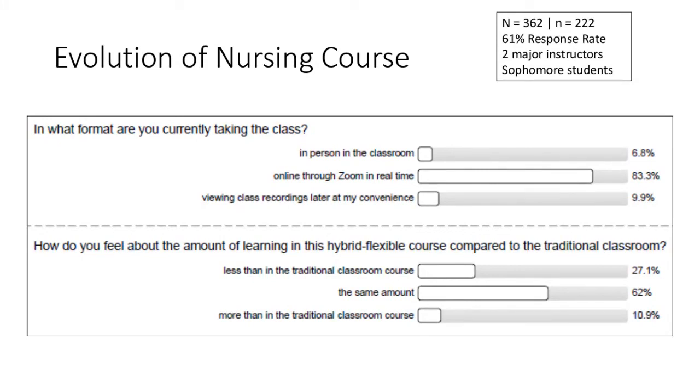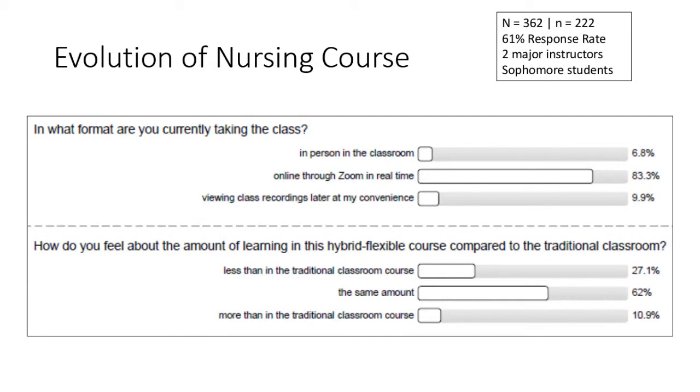Then we have a small group that is still coming to class, but very few of them are coming to class at this point. And then we have a small group who are viewing class recordings later. But again, the majority, more than 80%, are utilizing synchronous online broadcast.